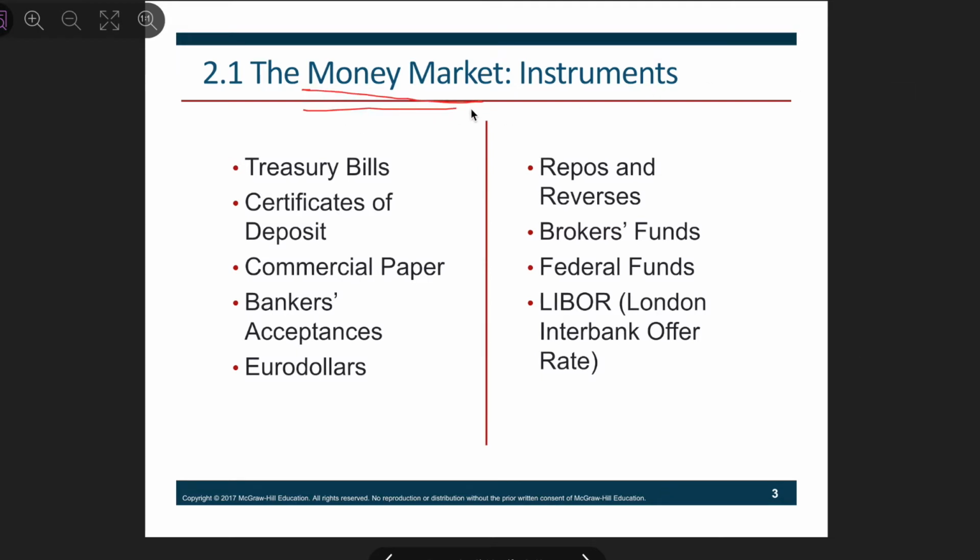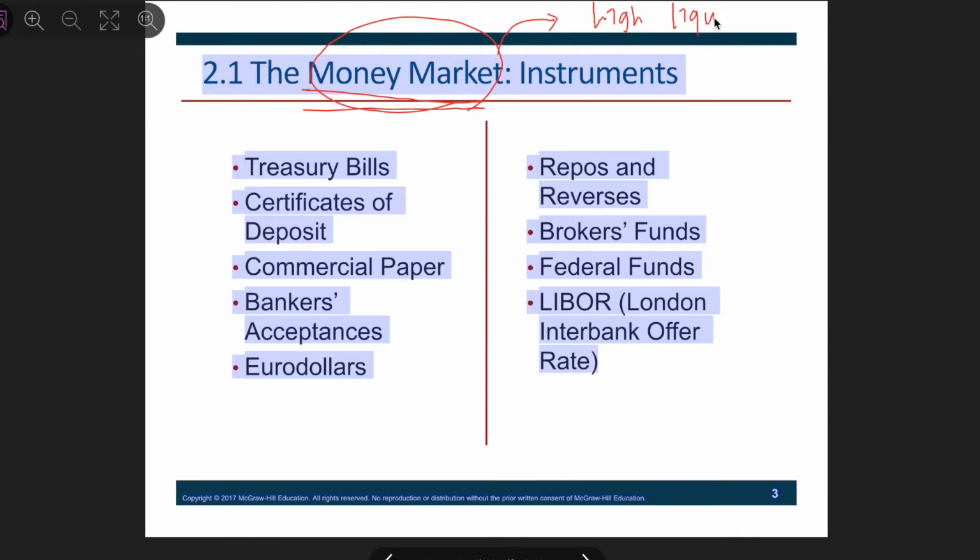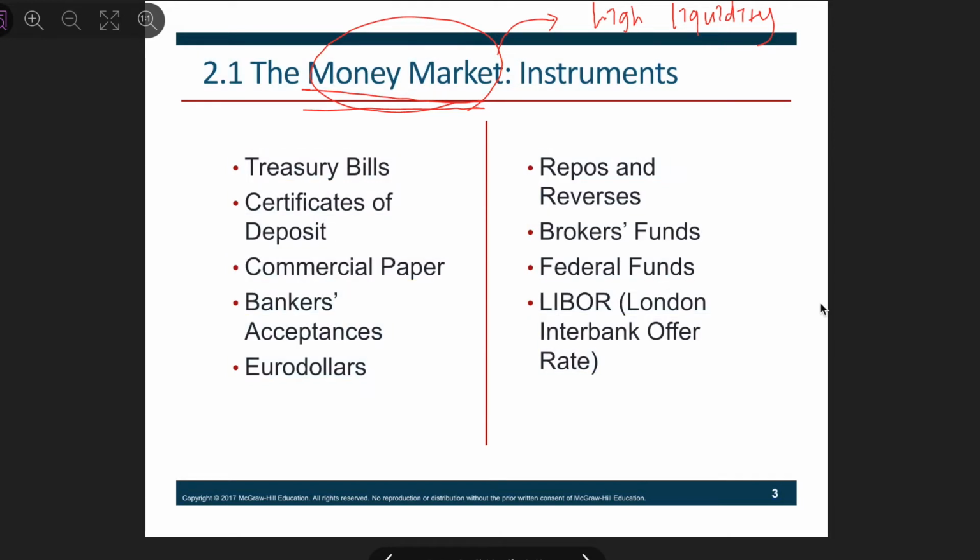Like I said before, the money market is highly liquid. That is the main characteristic of the money market: it can be converted into cash right away or in no time. So let's see, we have treasury bills that we call T-bills, certificates of deposit, which we call CDs, commercial paper, CP, bankers acceptance, and Eurodollars.